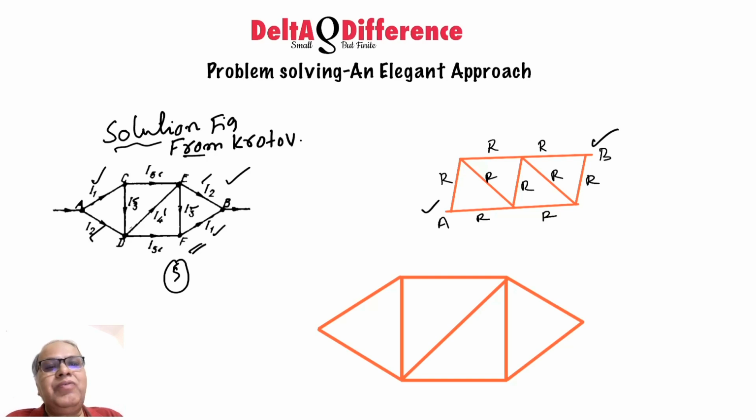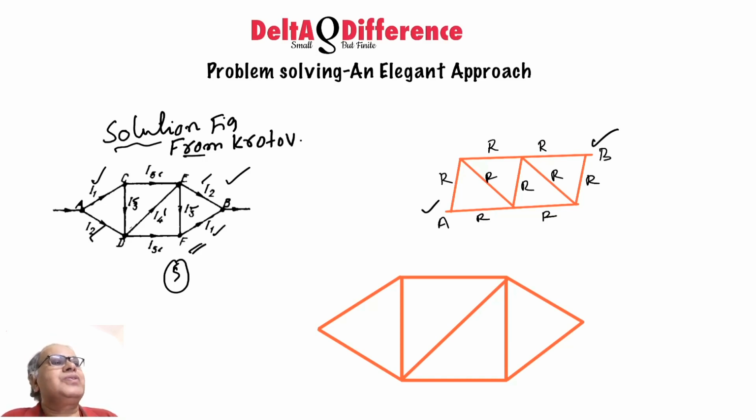And this method will be a powerful tool, especially when there is symmetry and you're asked to find out effective resistance between 2 points. If there are many cells and branches, a combination of loop theorem and junction theorem we apply. But in this particular type of problems where a big circuit will be given but some symmetry will be given and you'll be asked to find out the equivalent resistance, this node analysis along with symmetry becomes very, very powerful.